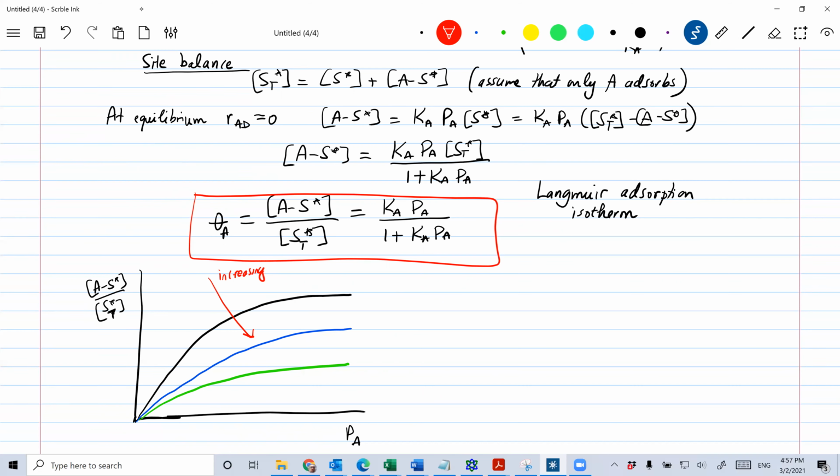And the last bit is that the temperature dependence of the reaction rate often includes the equilibrium constant. So sometimes you will see something like this. Let's say you have a minus r_A, as I had it, this could be a k_A.